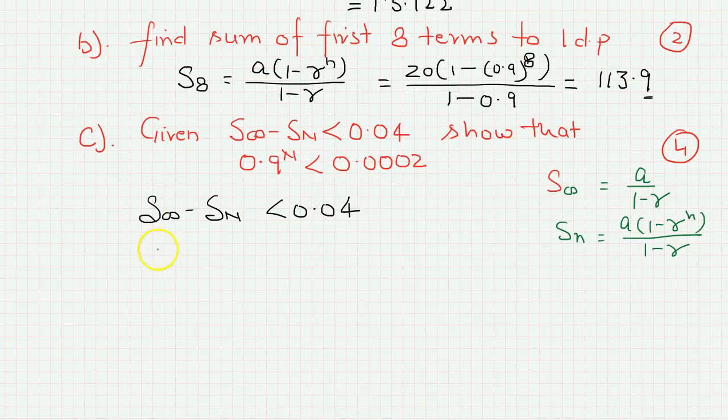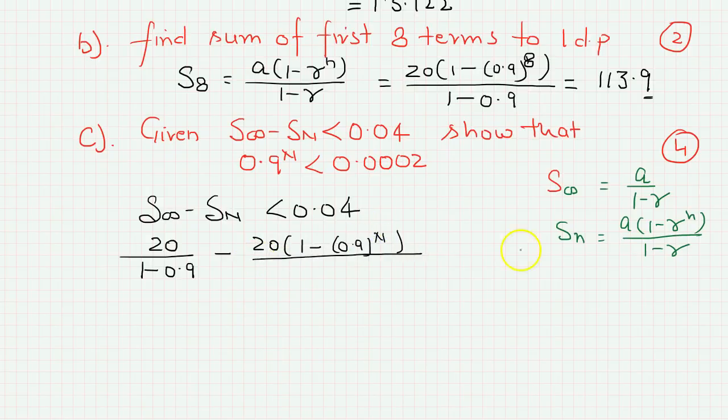And it says that it is less than 0.04. So S infinity is a, which is 20, over 1 - r, which is 1 - 0.9, minus Sn, which is 20(1 - 0.9^n) over 1 - 0.9, and it is given that it is less than 0.04. Let's multiply it.